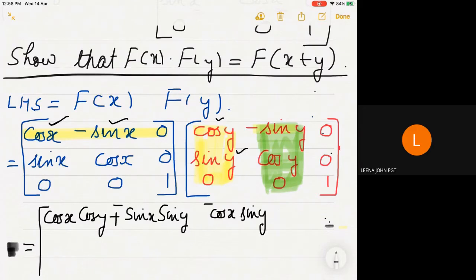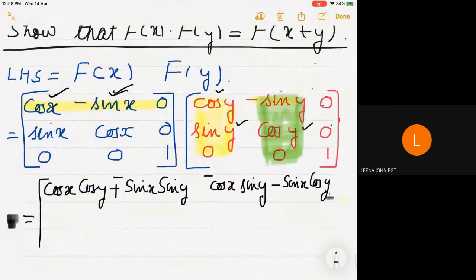Then the second element minus sin x to be multiplied with cos y. That becomes minus sin x cos y, plus 0 into 0, that becomes 0. So we have multiplied first row with the second column.